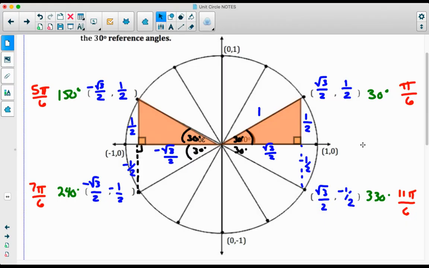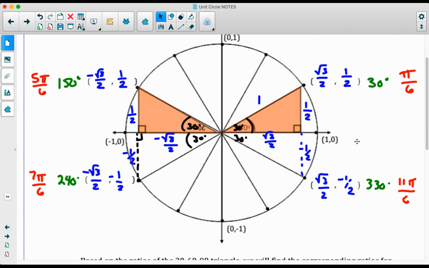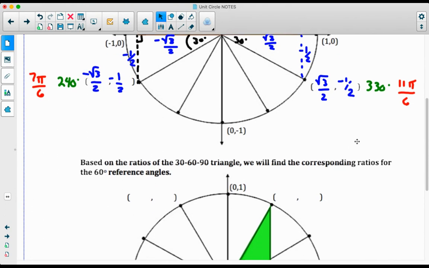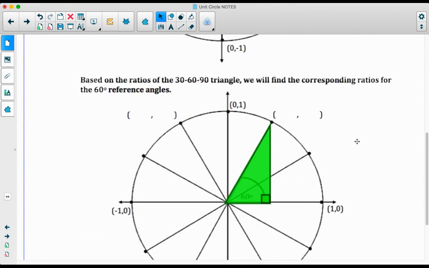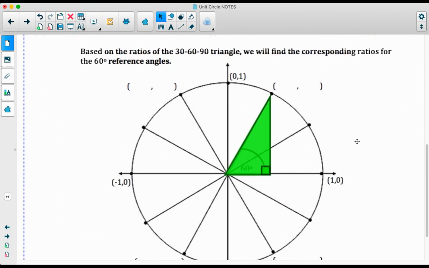So once you have your reference angle, you know your reference triangle based on where you are, quadrant 1, 2, 3, or 4, you can then determine which pieces are positive or negative. So in essence, you really just need to know quadrant 1. And then once you know quadrant 1, you can generate the next 3 coordinates very easily. And that's what we are going to practice doing with our final ratios for our 30, 60, 90 that has given us a 60-degree reference angle.